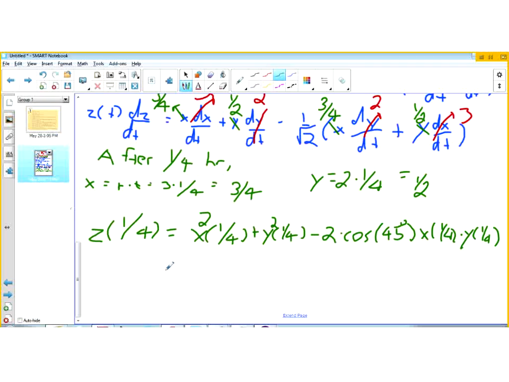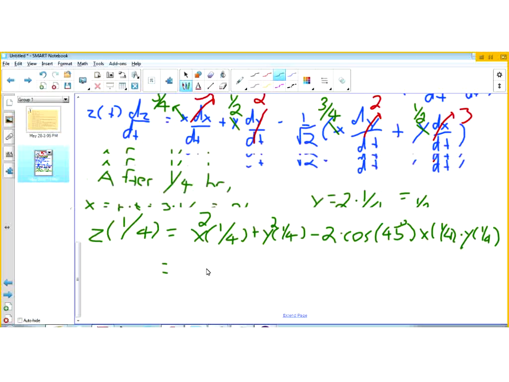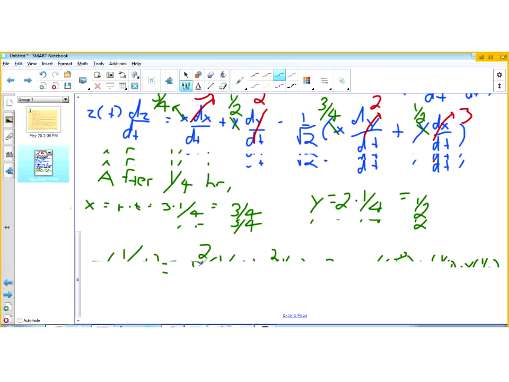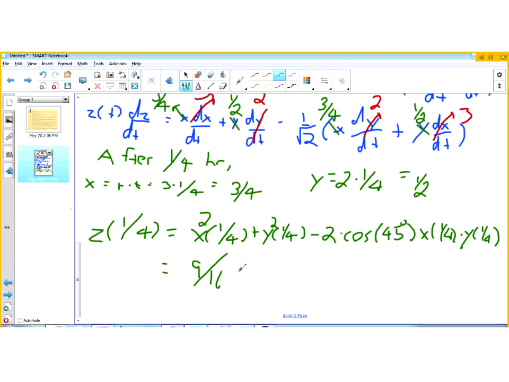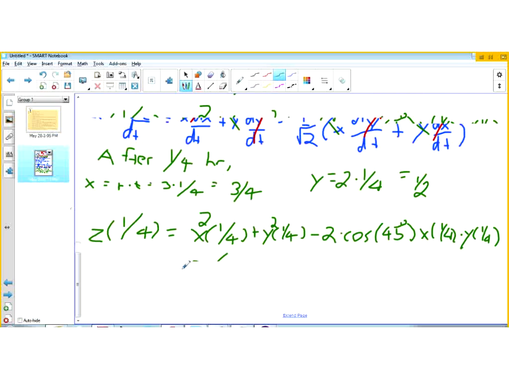Solving for this, x squared at 1/4 would be 9/16, so it would be 9/16. Y squared at 1/4 would be a 4th. Then minus 2 over the square root of 2 times 3/4 times a half.